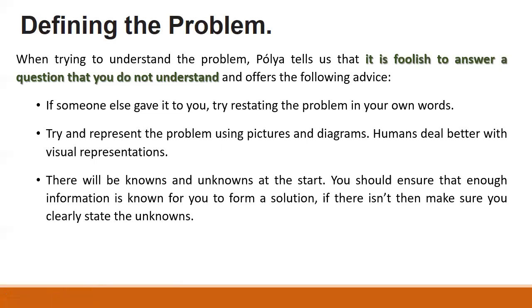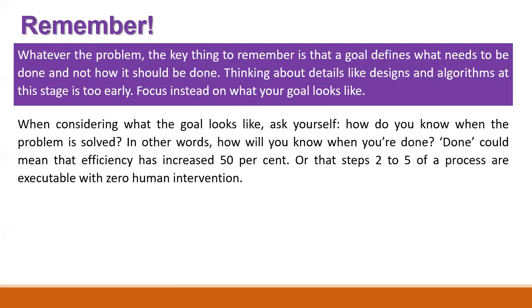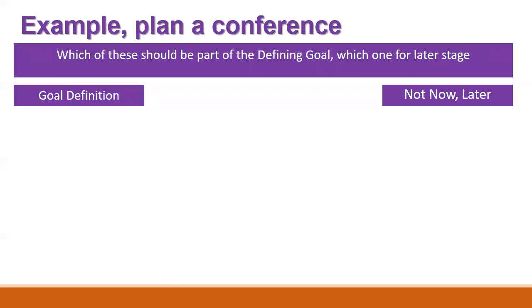You need to be prepared to update your understanding of the problem as you go. Whatever the problem, details, design, and so on, is too early. Making the point again, you need to spend the time and do the work to make sure you've understood the problem before you rush in and try to solve it. We've got an example on the next slide.